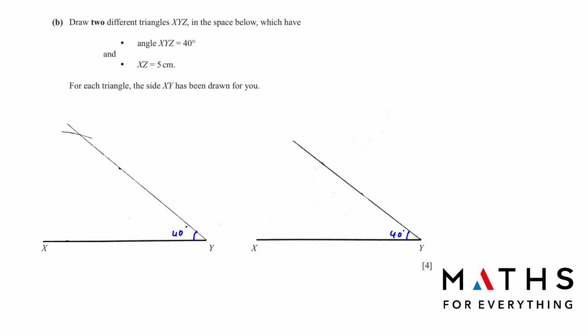This is our Z. And then we are going to do the same for the other triangle here. You can get 5 centimeters here also. Now this is our Z here. Draw the line XZ and write 5 centimeter.